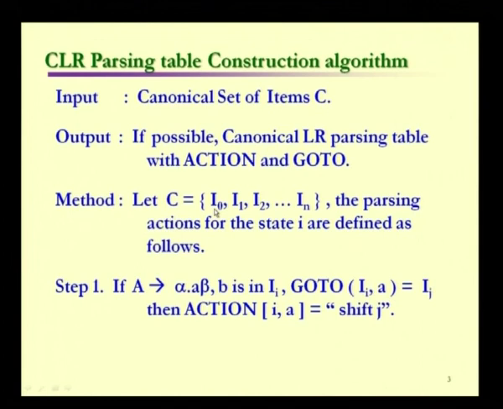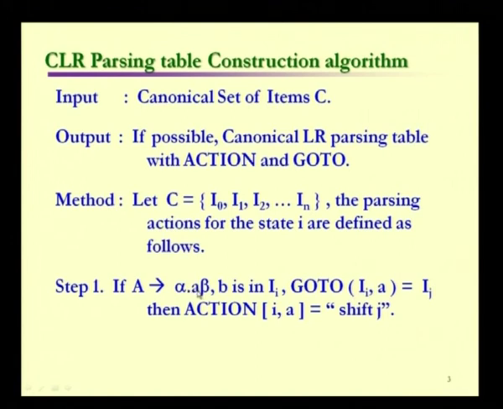Now, how do we define the parsing action? There are 2 things: one is how we set the action, and another is how we set goto. First, let us see how we set the action component. If there is an item of the form A derives alpha dot a beta, comma b, what you find here is that just next to the dot we have a terminal, small a.